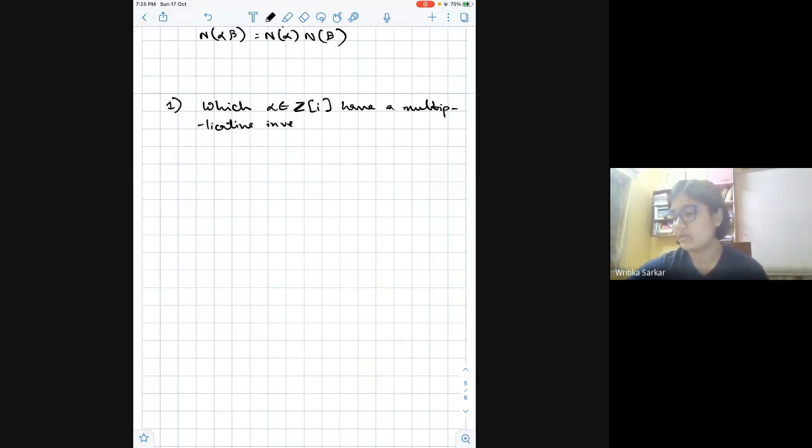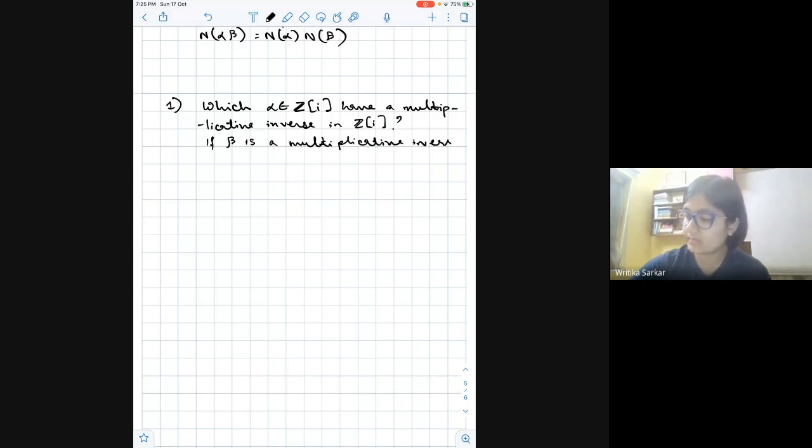By that I mean, if beta is a multiplicative inverse of alpha, then you simply have alpha times beta is equal to 1.